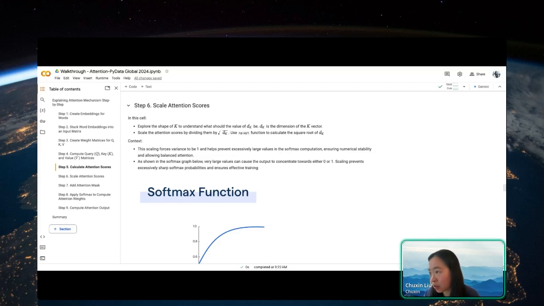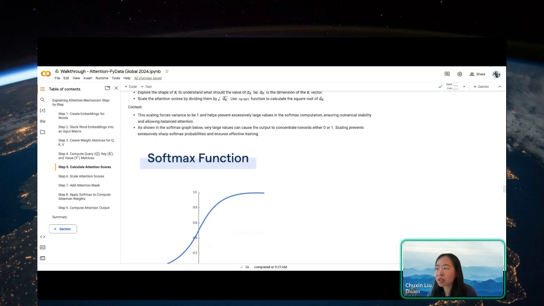In this step, we will explore the shape of K to understand why we should scale using the value of dk. dk is the dimension of the K vector, and in this case, it is 8. We want to scale the attention score by dividing it by the square root of dk.